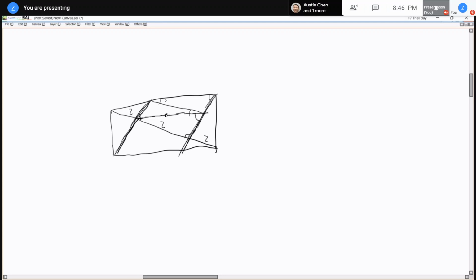Well, okay. So these two lines have to be parallel, right?